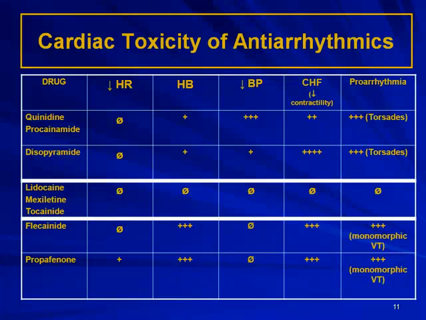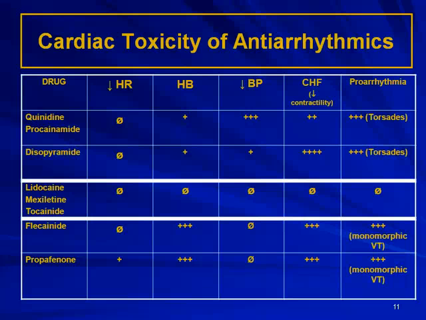The 1C drugs, flecainide and propafenone, generally have very little effect on heart rate. Propafenone has been suggested to have some beta blocking effect, and so it may slow heart rate somewhat more than flecainide.